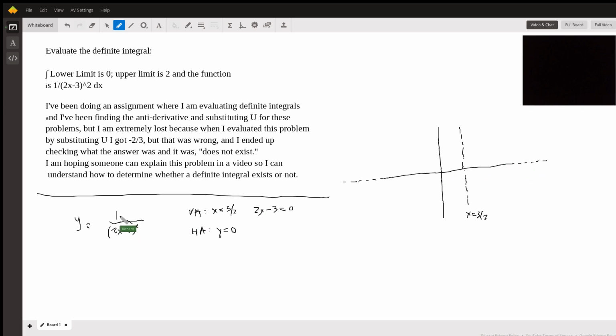And you see that this function is always positive because 1 is positive and anything that's squared is positive. And we know the end behavior is to get closer and closer to the x-axis. So this graph is going to look something like this. It's going to be asymptotic this way, asymptotic this way, and it's going to be the same on the other side.